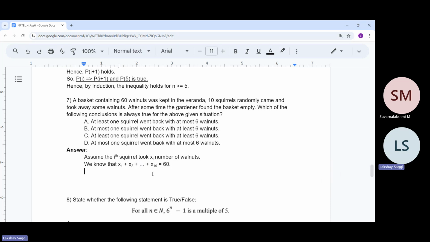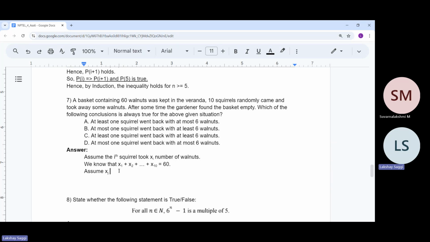Now one thing we can observe is, let us assume that out of these x1 till x10, one of these will be the maximum, right? So let us assume that xj is the maximum.